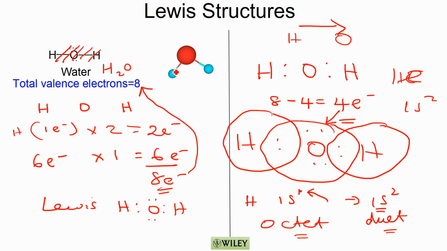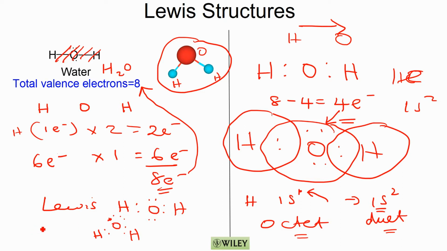Now, this is how the model will look, the ball and stick representation, where this is a hydrogen, that's a hydrogen, this is an oxygen. Now, I want to tell you that the shape is not going to be linear like this. We're going to talk about that in the next class. The shape is going to be bent because the 2 lone pairs of electrons tend to repel the 2 electrons in this bond and 2 electrons in this bond, because electrons are negatively charged, and like charges repel.